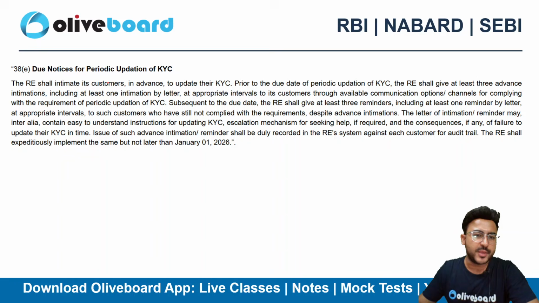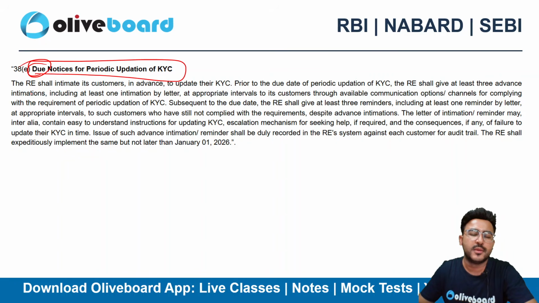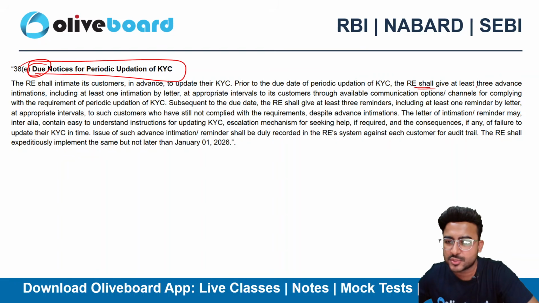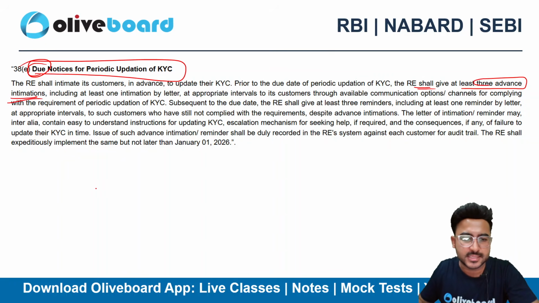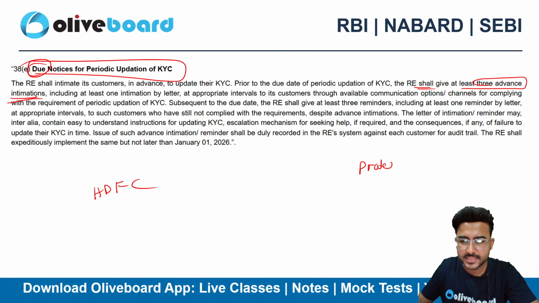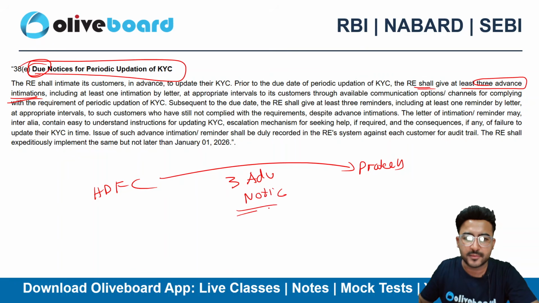Due notice of periodic updation of KYC. Let's suppose your KYC is due, right, you need to redo your KYC, then the bank, the regulated entity, needs to at least give 3 advance notice intimations. Let's suppose my account is with HDFC Bank. HDFC Bank needs to give me 3 advance notices if my KYC is due, right?